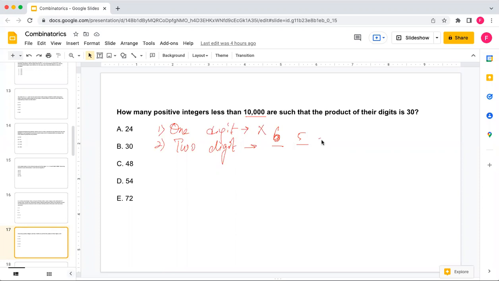So in how many ways can you arrange 6 and 5? 2 factorial ways, which is equal to 2. So 2-digit numbers whose digit product is 30 can be made in 2 ways. Is there any other pair whose product is 30? No, only 6 into 5, and this can be arranged in 2 factorial ways.